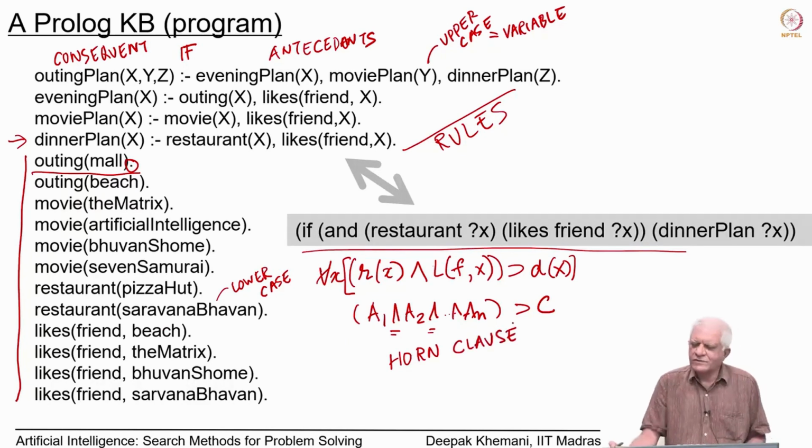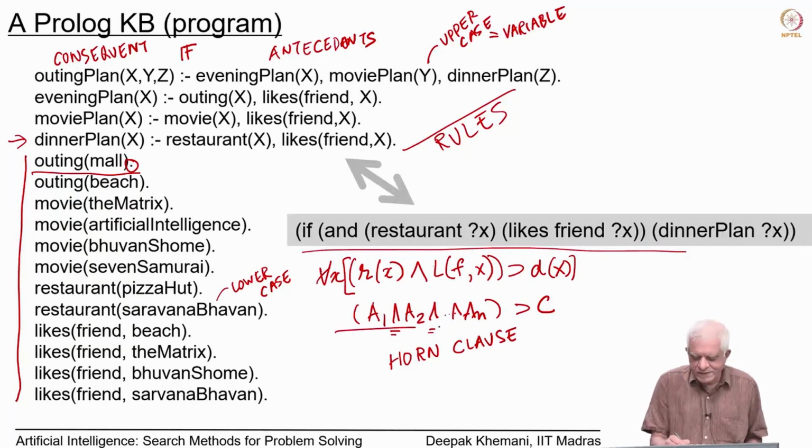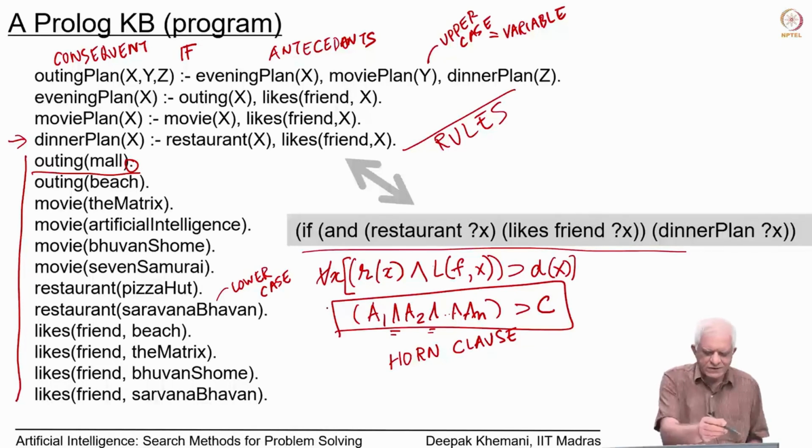So, Prolog uses Horn clause logic. Alfred Horn was one of the persons who worked on this aspect of logic, and so they are named after him. So, Prolog has two kinds of statements: either they are Horn clauses, which are statements like this, as you can see 4 statements on the top here, or they are facts which are also called Horn clauses because the consequence can be empty essentially.